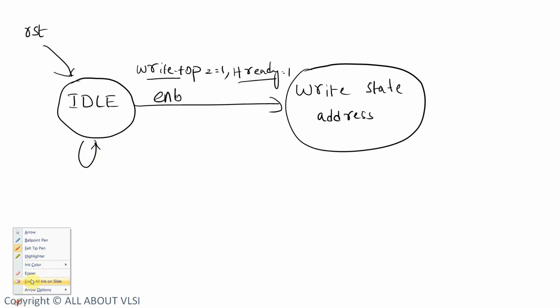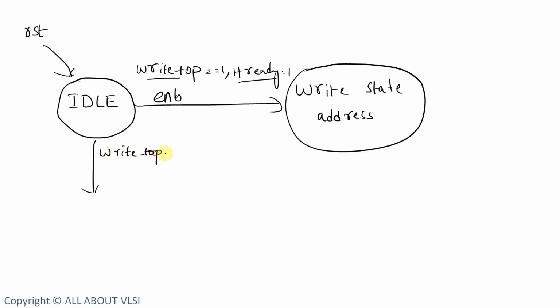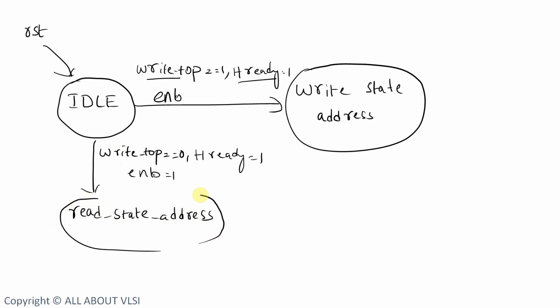Or else, if our write_top signal is equal to 0, HREADY is equal to 1, and enable is equal to 1, then we go to the next state which is known as read state address.